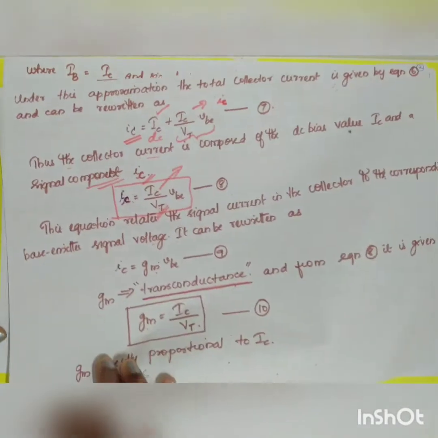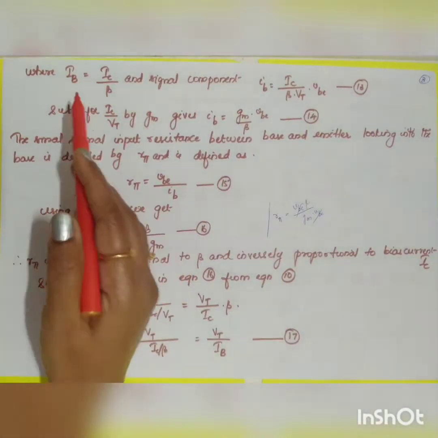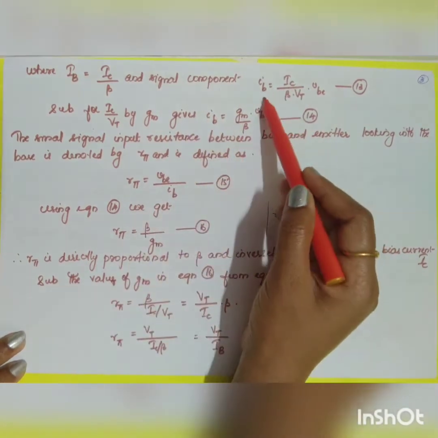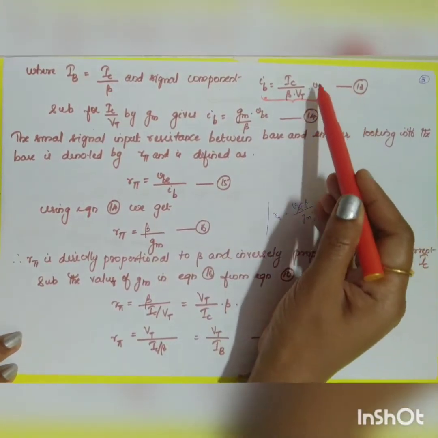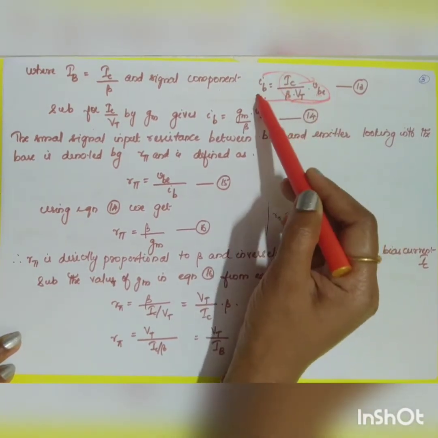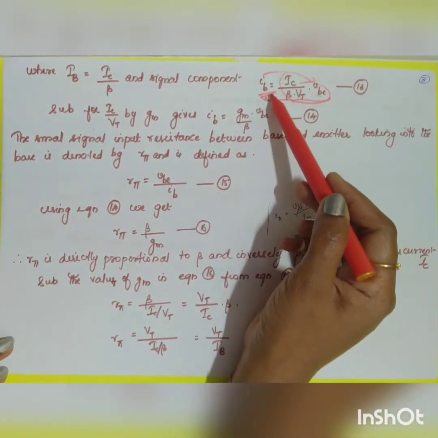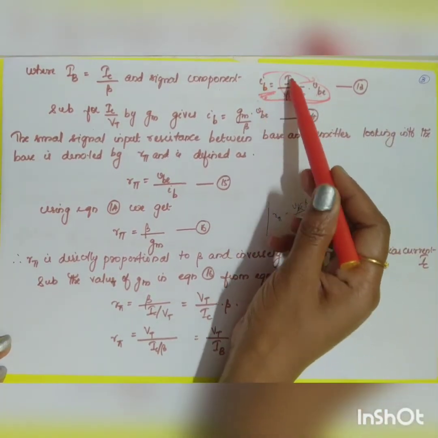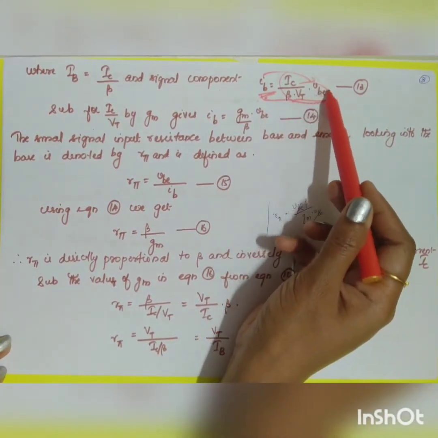So IB is equal to IC by beta, and the small signal component ib is taken as the second term, because it is due to your signal component VBE. So the second term will be taken as your base current due to your small signal input voltage. So ib is equal to IC by beta VT into small vbe.